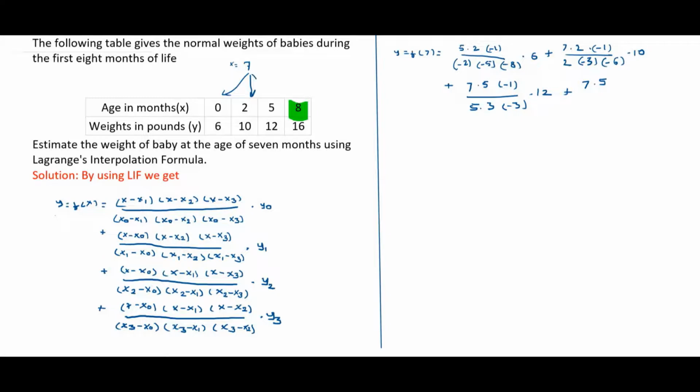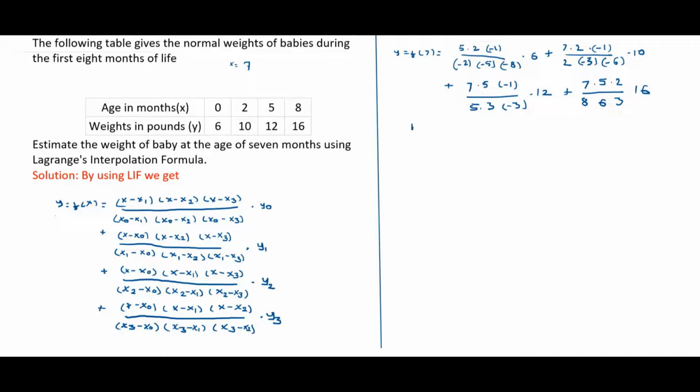And at last 7 minus 5. 7 minus 5 is equal to 2, divided by 8 minus 0. 8 minus 0 is 8. 8 minus 2 is 6. And 8 minus 5 is equal to 3. And write down the last value of y, that is equal to 16.